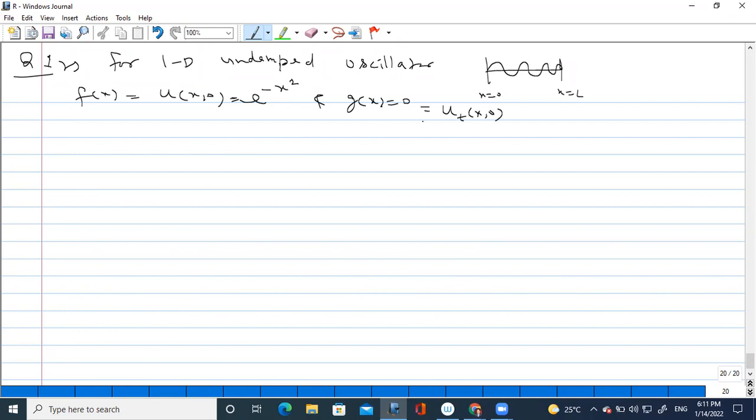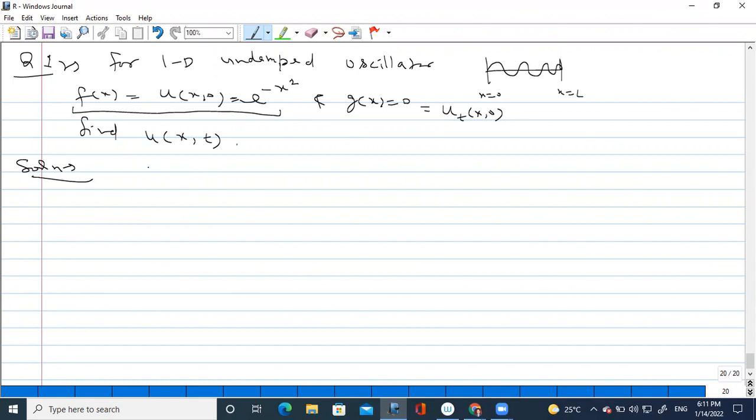So this is given already. Okay, find u(x,t). So what will be better to use? Better to use D'Alembert's formula. That is simple, easy. No need to remember anything.